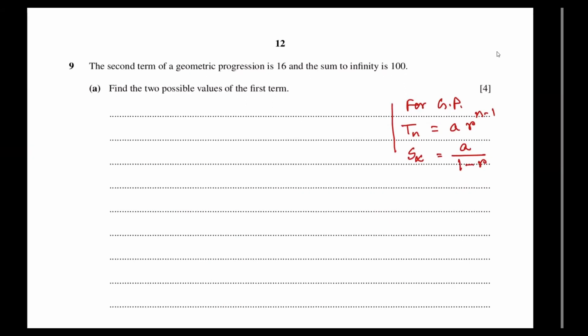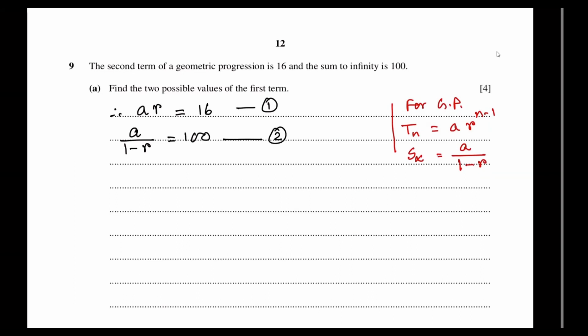Here we know the second term. Second term will be a r to the power 2 minus 1, that's ar, that is equal to 16. That's equation 1. And the second condition is sum to infinity is 100. Remember, sum to infinity, a divided by 1 minus r is equal to 100. That's equation 2.